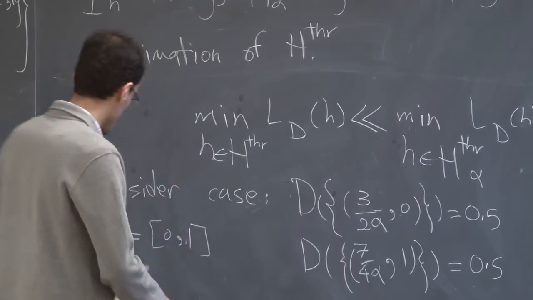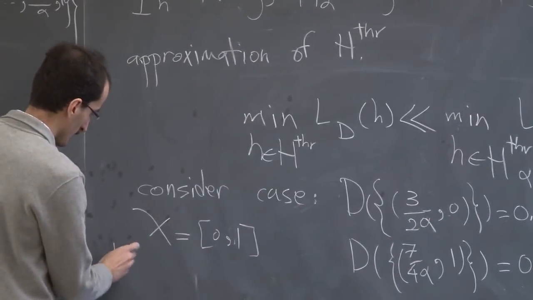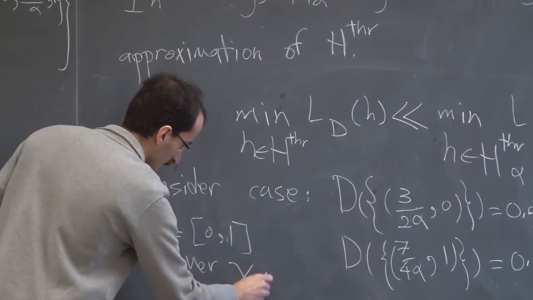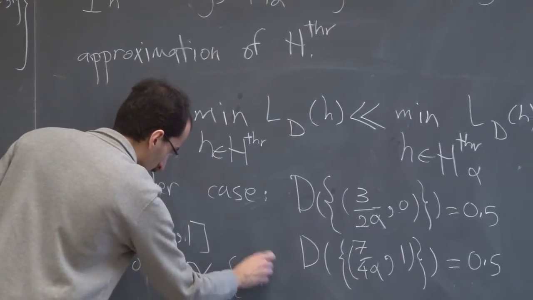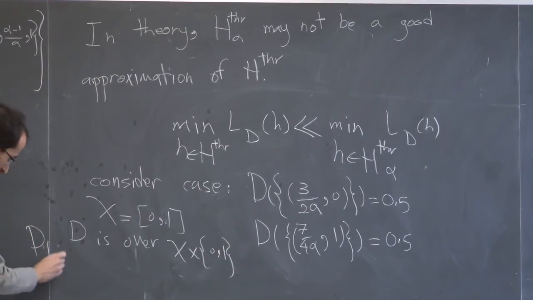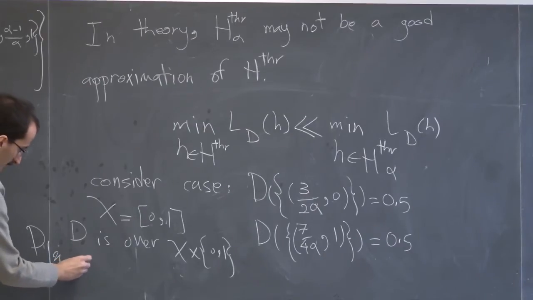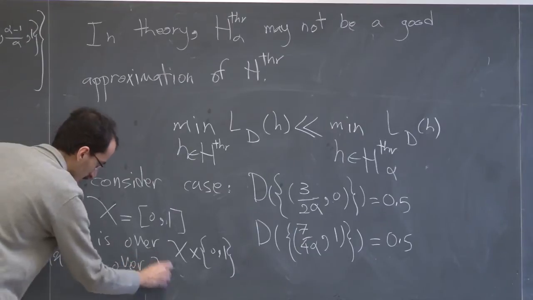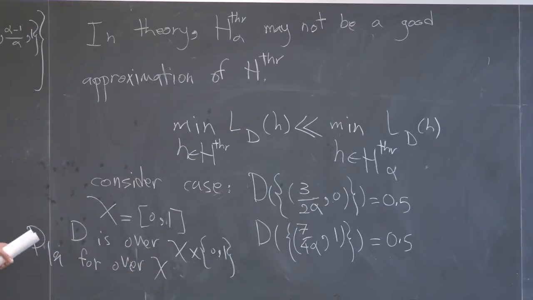So this distribution is D over X times {0, 1}. I will use D_X for the distribution over just the domain. So this is another notation that we will use. This one is the distribution marginalized over the label. The other one is the sampled distribution.